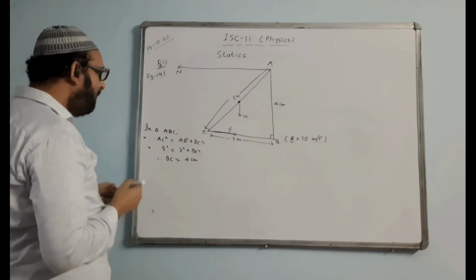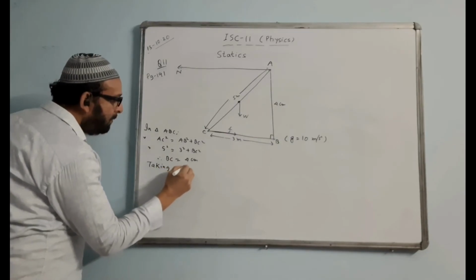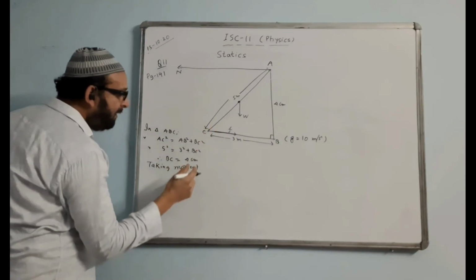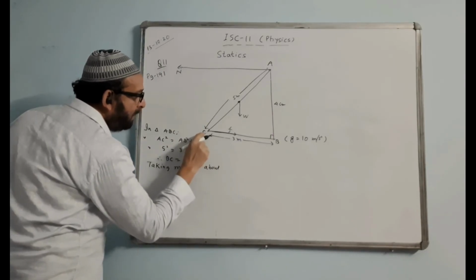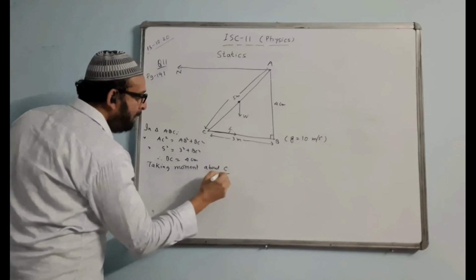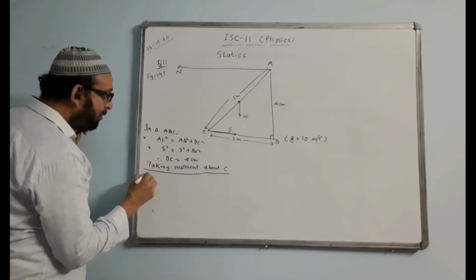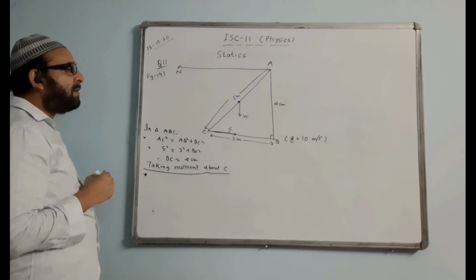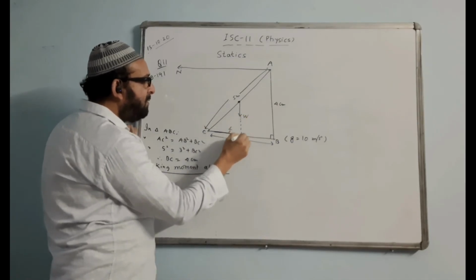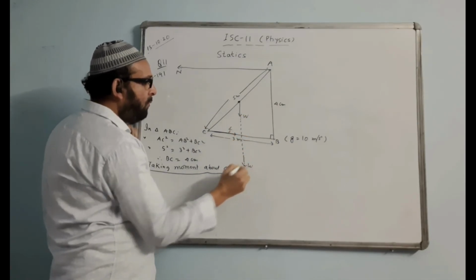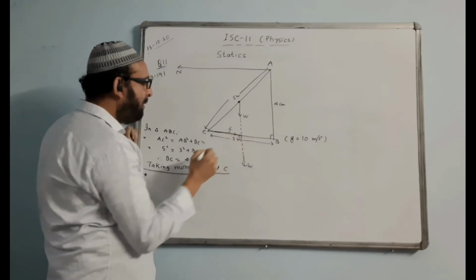So here we will be taking the moment about C. When the ladder is turning, a turning effect is taking place. To take the moment about this point C, we take clockwise moment equal to anti-clockwise moment. What gives clockwise moment? What gives anti-clockwise moment? The weight W extends like this, and this is perpendicular, 90 degrees.